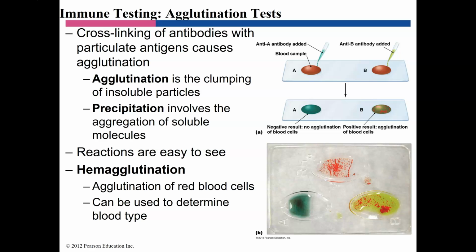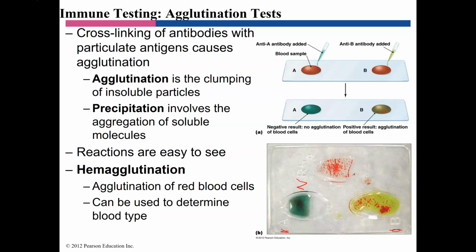The antiserum is going to be added to the wells, and as you can see, we have antiserum against the A, the B, and then the Rh factor. That's on red blood cells.